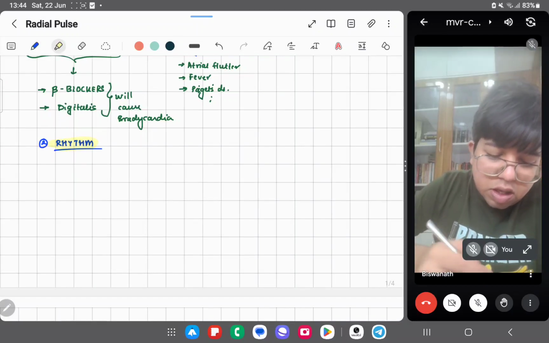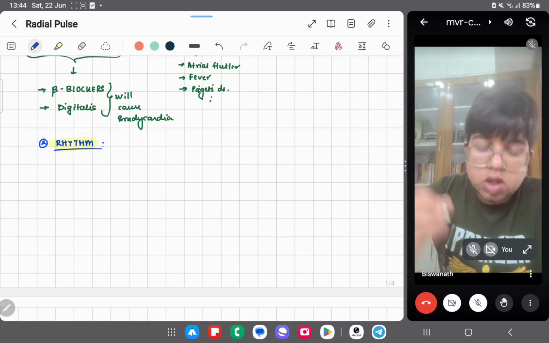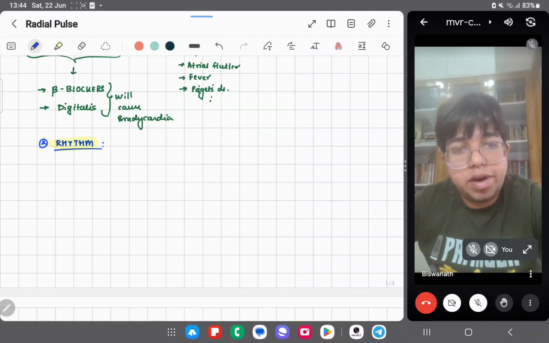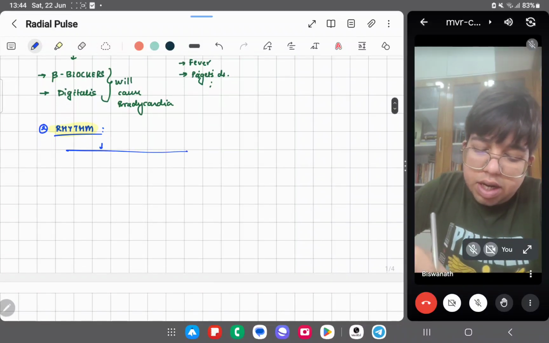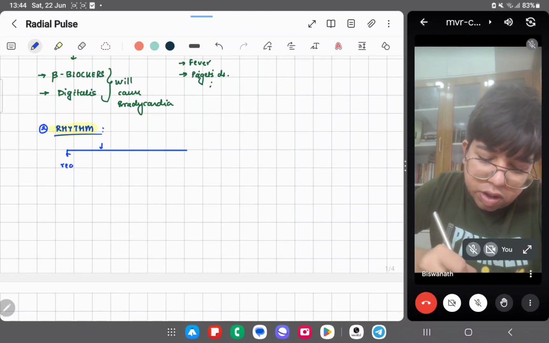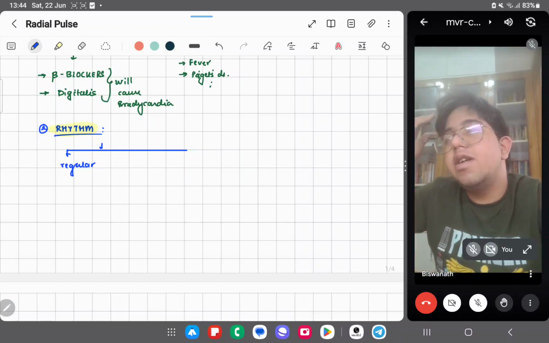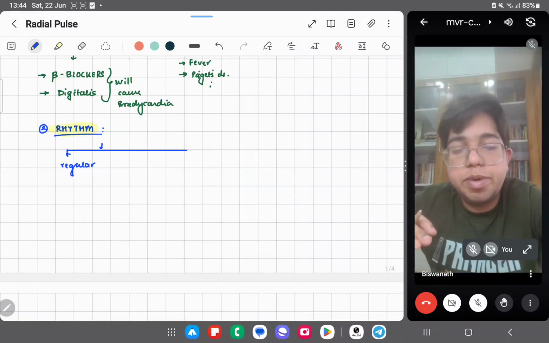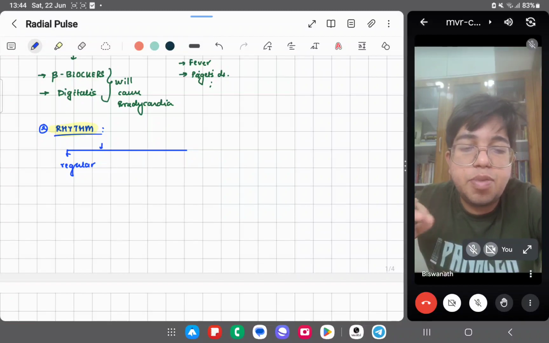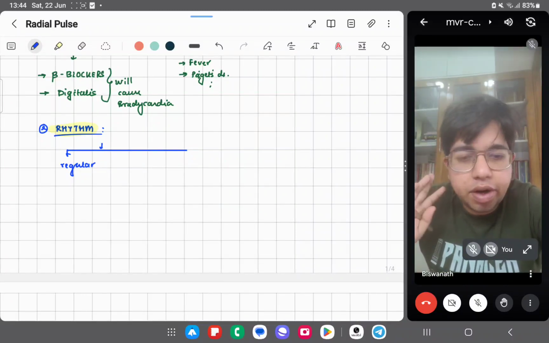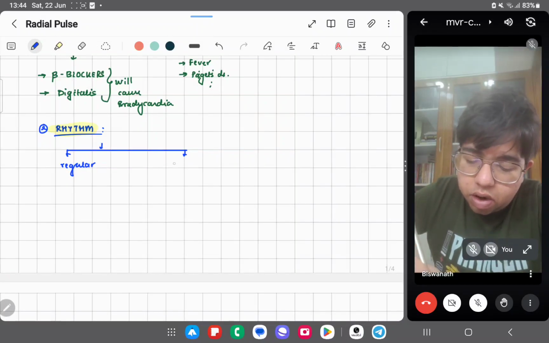Rhythm. So what to know about rhythm? Either it is regular rhythm or irregular rhythm, occurring at regular intervals or irregular. In first year you'll get regular rhythms. If you get an irregular rhythm also, of course you can differentiate between them at this point of time. But if you get it in your practicals, just say it is regular rhythm. Don't get into controversies.